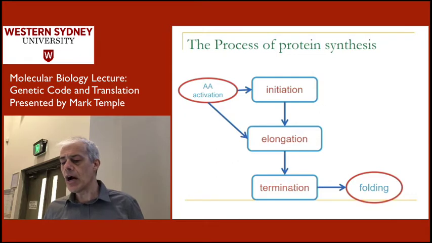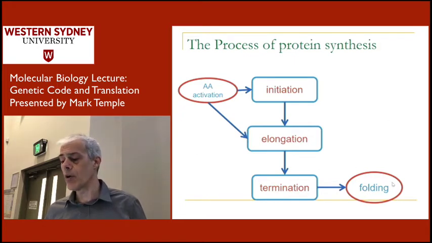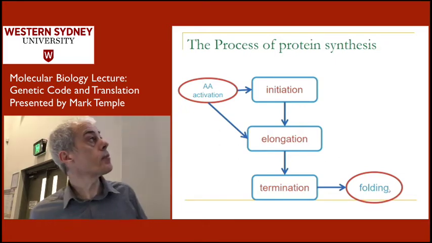And also, we're not looking at protein folding, but once we put these amino acids together into a long string, there has to be a process of folding to give you a functional protein. Okay? So in terms of gene expression, you'd have to fold the protein as well before you have an active protein.